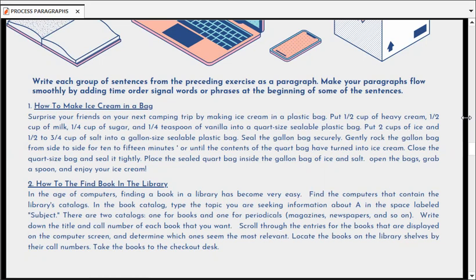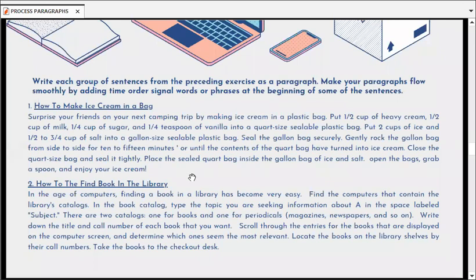Number one, how to make ice cream in a bag. Surprise your friends on your next camping trip by making ice cream in a plastic bag. Put half a cup of heavy cream, a cup of milk, a quarter cup of sugar, and a teaspoon of vanilla into a quart-size sealable plastic bag.